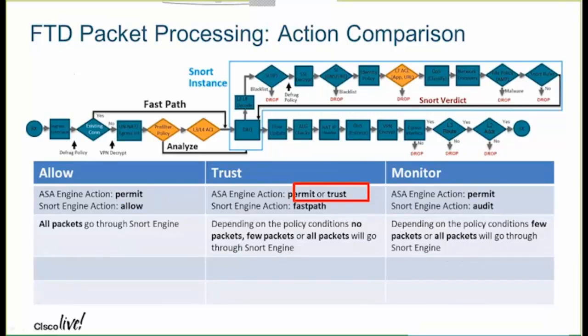And that is considering a case wherein you have a monitor rule initially and then you have a deny rule for that same specific traffic, then you would go ahead and drop the traffic immediately and not go through the rest of the processing. But if you have the rule to permit the traffic through, then we go ahead with the rest of the processing as well.